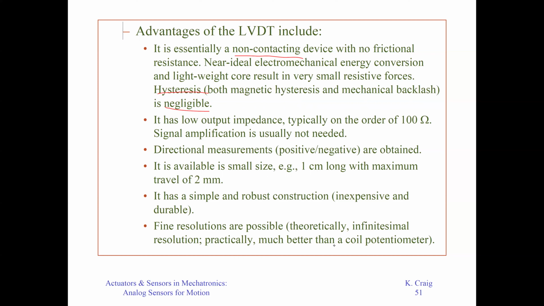I told you about hysteresis. This hysteresis is magnetic hysteresis about the magnetization curve. And sometimes you have mechanical backlash, especially when you have a gearbox. And output impedance is low, around 100 ohm, so signal amplification is usually not needed.